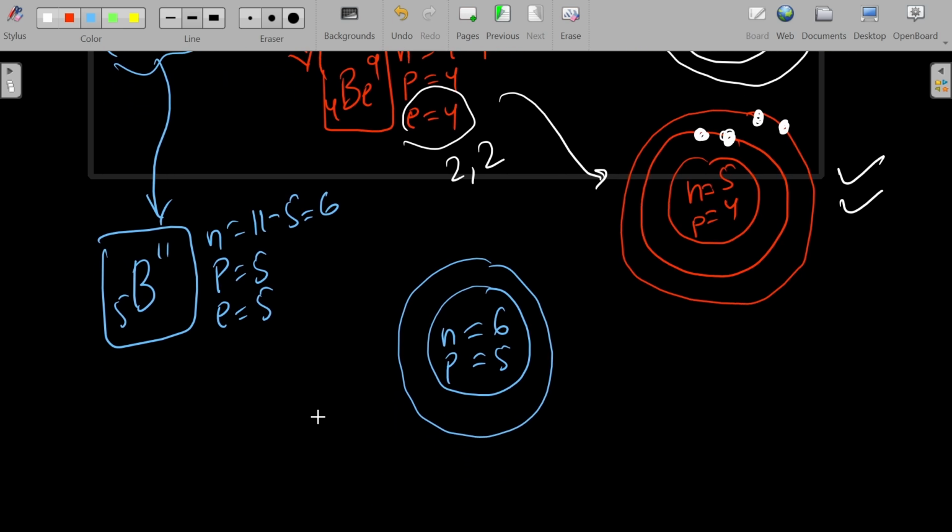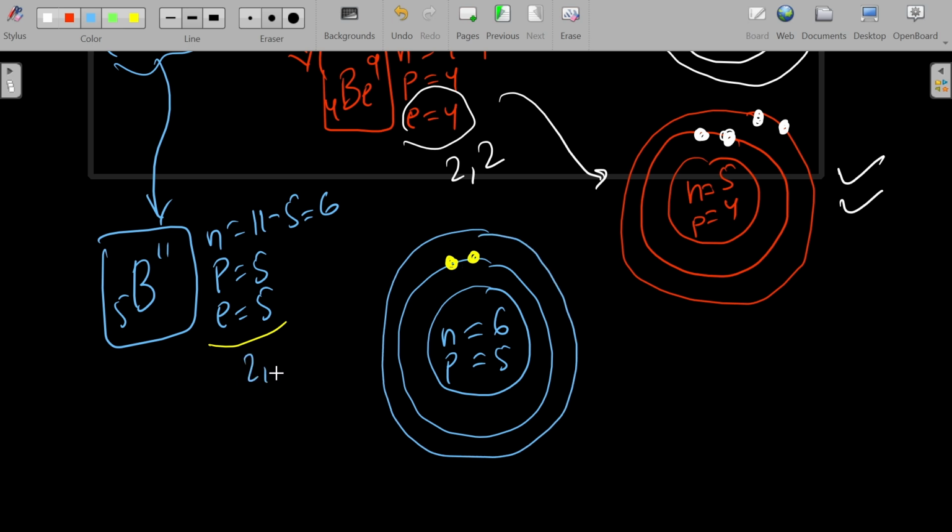Now, by looking at the situation, we have got 2 electrons which will get accommodated in duplet first, and then in the octet we will accommodate the leftover electrons. So in total we had 5 electrons. 2 electrons got accommodated in duplet first, and then we have got these 3 leftover electrons which were accommodated in the second shell, which is your octet.